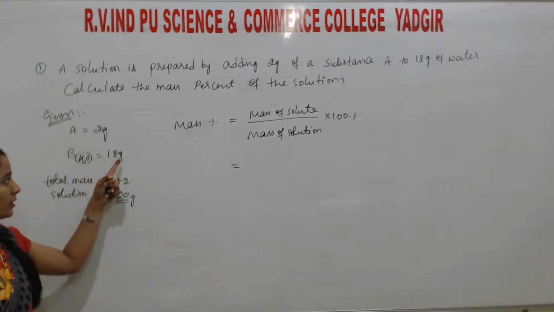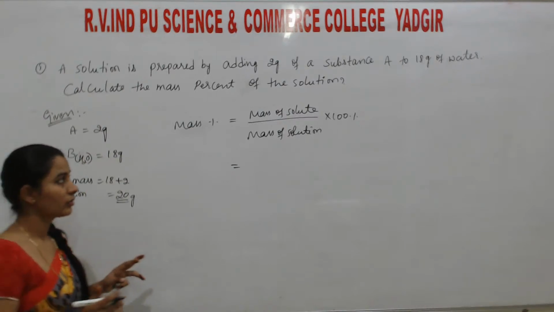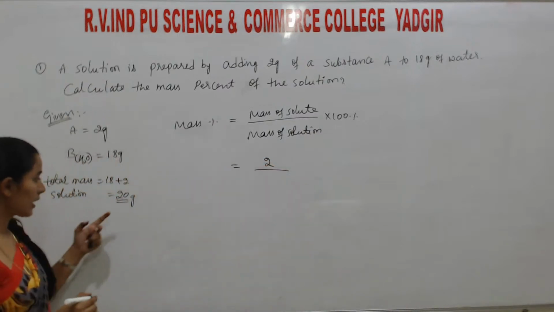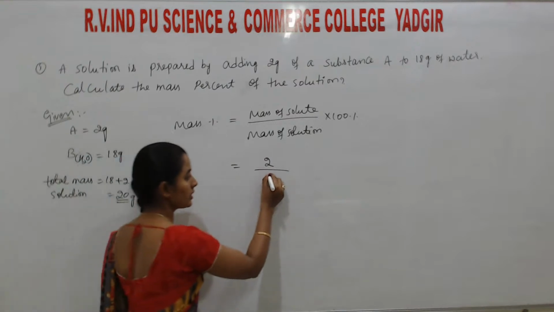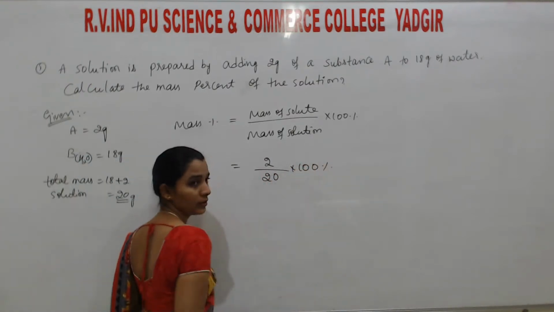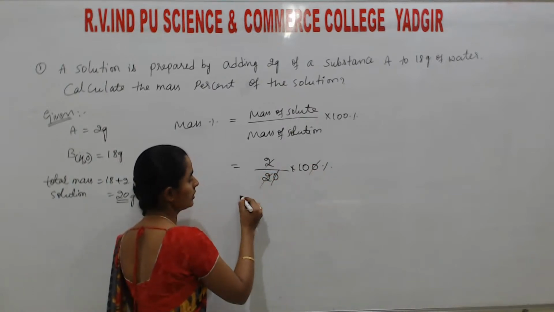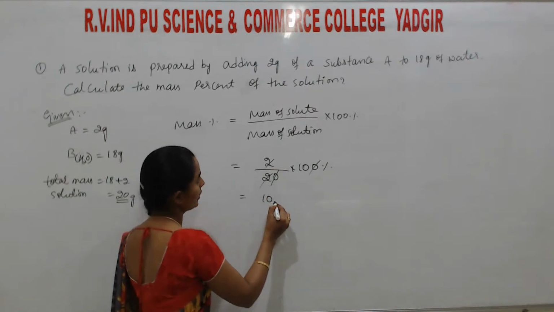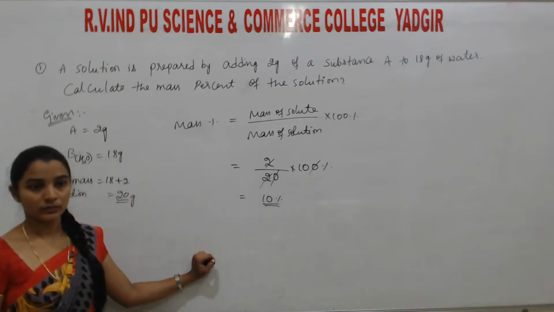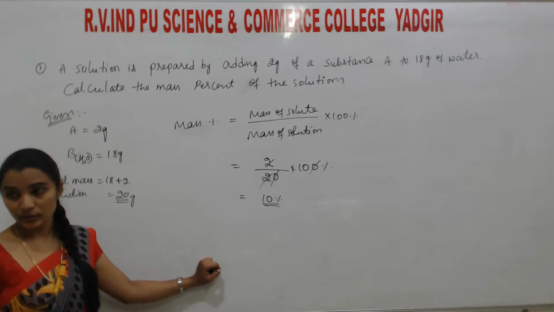Here 2 is there, 18 is there. Which one is the solute here? 2 grams of substance A is the solute. So mass of the solute is 2, mass of the solution we calculated is 20, into 100%. If you just calculate this, you will get 10%.